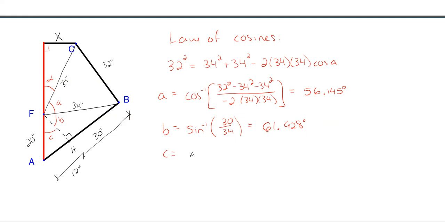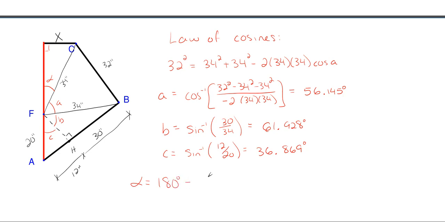Pretty much the same idea for C. We're going to go with sine inverse of our opposite over our hypotenuse, which is 12 over 20. And once again, not a nice number. We have to round it off. So it'd be 36.869 degrees.